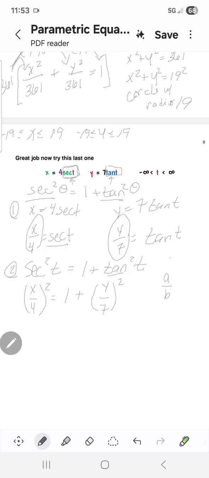Again, a over b quantity squared means I square the top and I square the bottom. So I have x squared over 16 equals 1 plus y squared over 49.